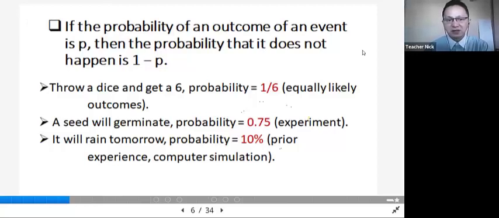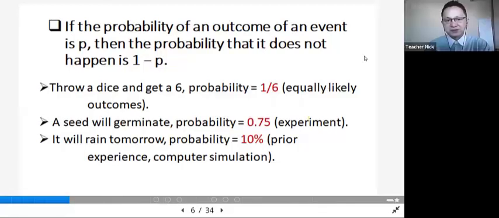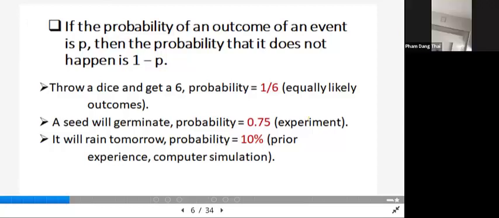It is equally likely outcomes, because the dice is fair. If you have 6 numbers, there are no two 1s, no two 2s, no two 3s. Everyone has 1 space, so there are 6 spaces, therefore it is fair, equally likely outcomes, right?